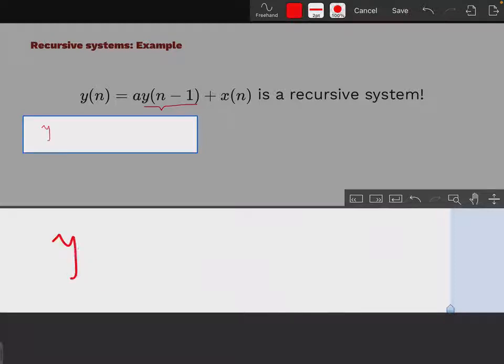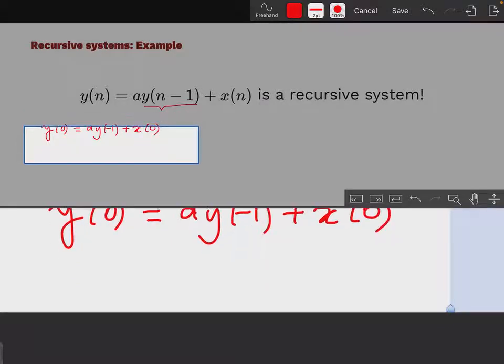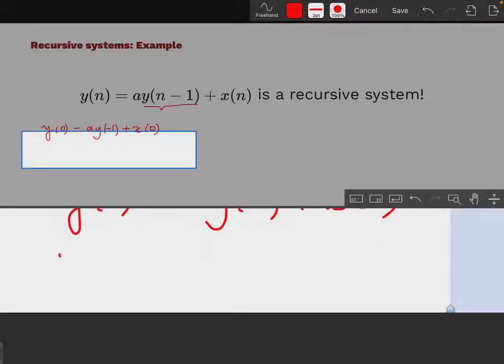So what is y0? y0 is a times y minus 1 plus x0, right? So that is quite simple. And let's write y1.